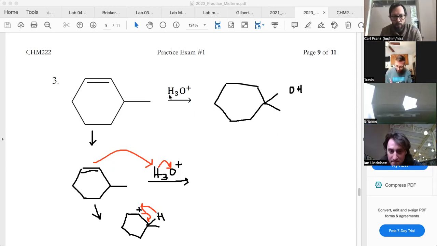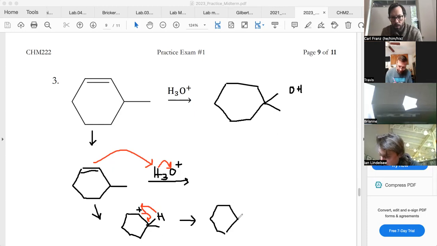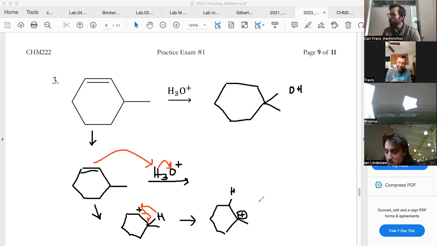And then what we'll have now is the carbocation on a tertiary carbon. And then we have plus water now. And that's how the OH group goes on there.